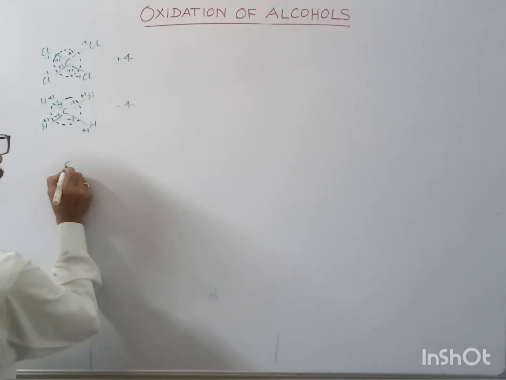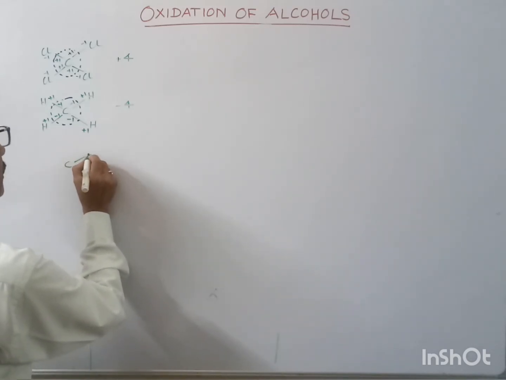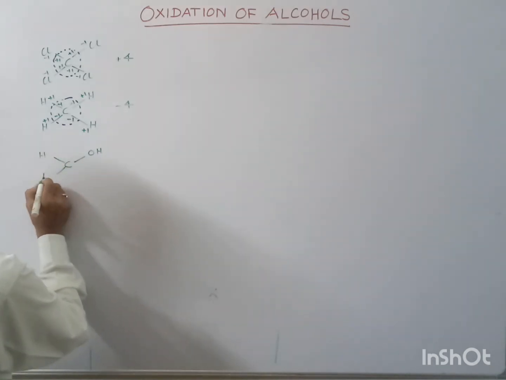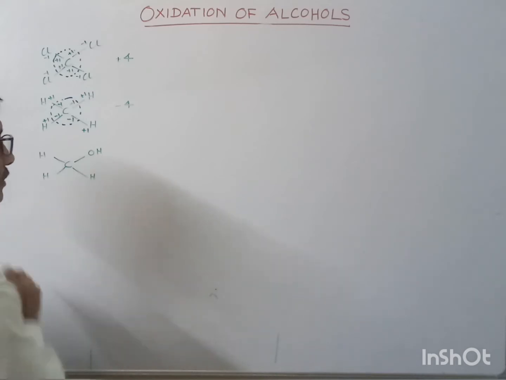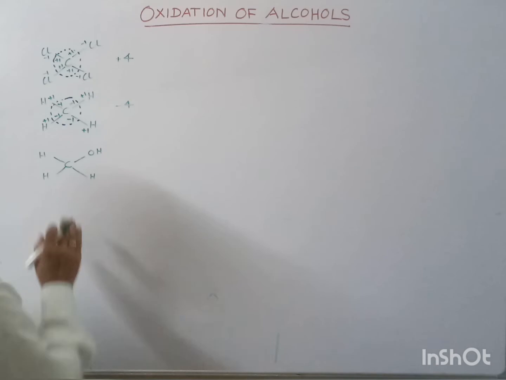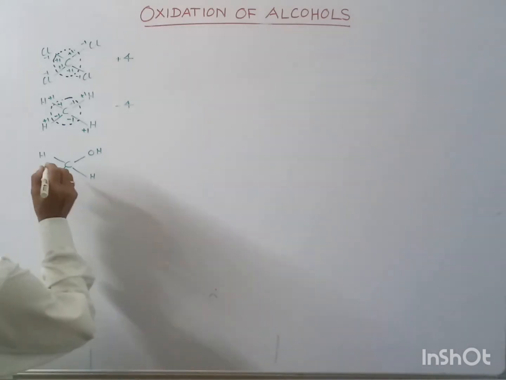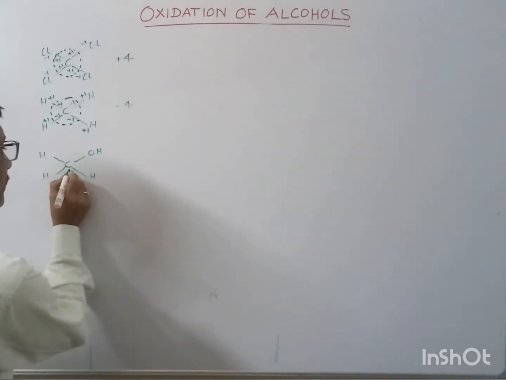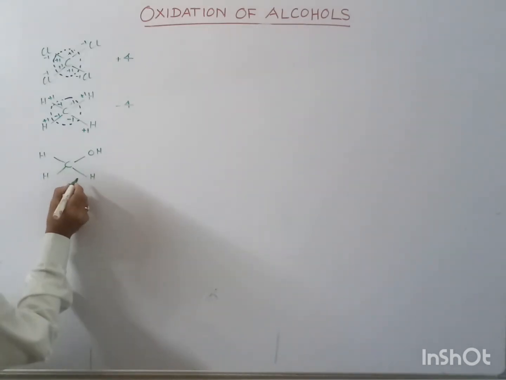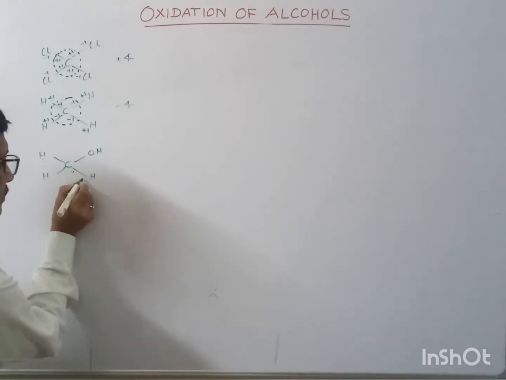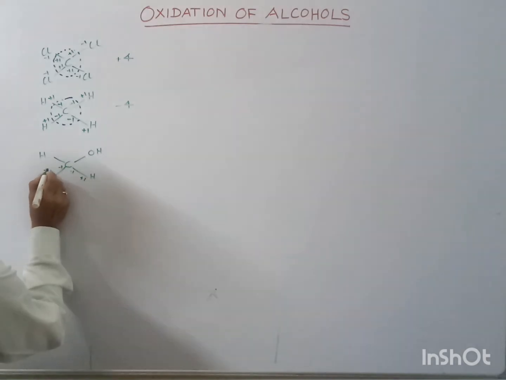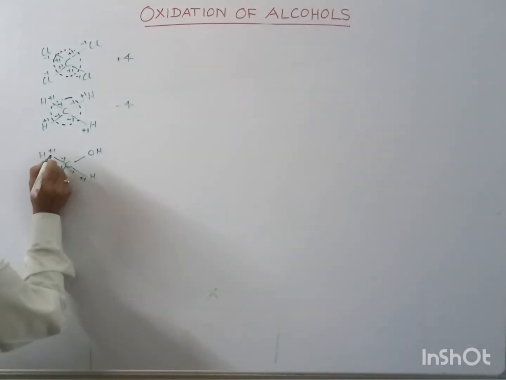Now suppose one OH is attached, as in CH3OH. What would be the oxidation state of this carbon? First see the C-H bonds: carbon is more electronegative, hydrogen less, so carbon gets -1 and hydrogen +1 in each of the three bonds.